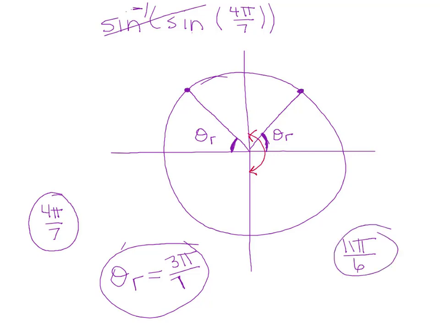But that's not a good answer because it's not between negative pi over 2 and pi over 2, right? So what I need to do is say, what's my reference angle? This is really the same as minus pi over 6. Now it's between minus pi over 2 and pi over 2. It's a coterminal angle, right?